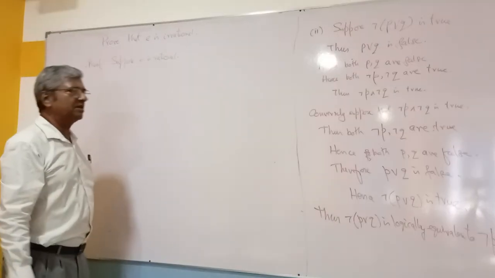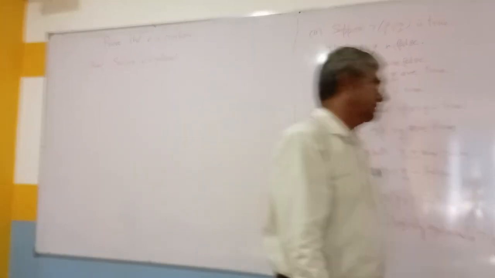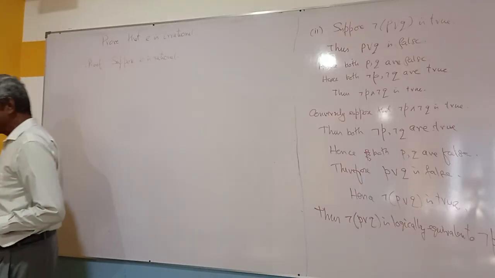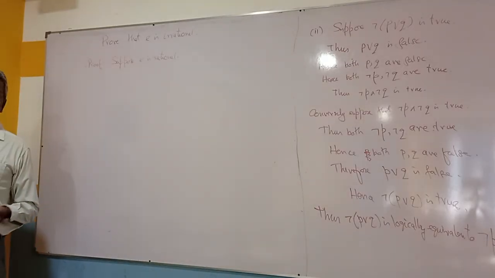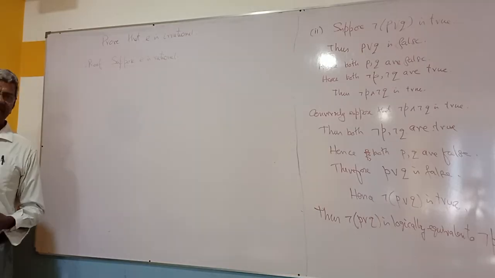So we are going to follow the proof by contradiction method here. That's the only way, because how can we say something is irrational? All we know is a number is irrational because it is not rational. That's the thing.